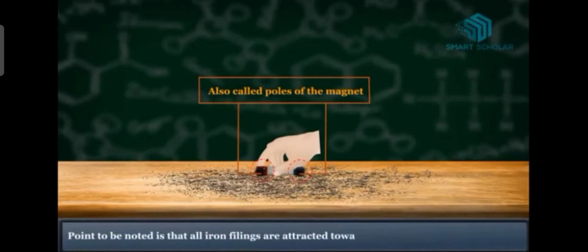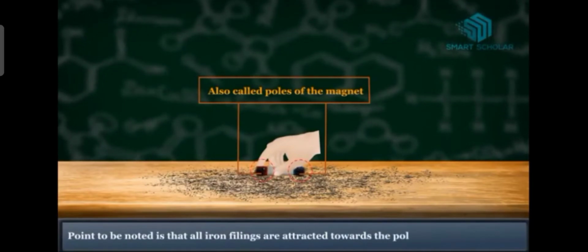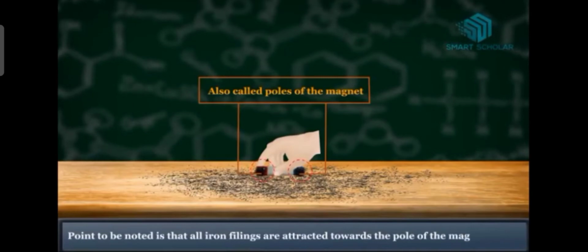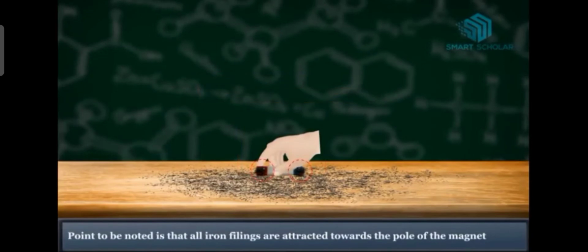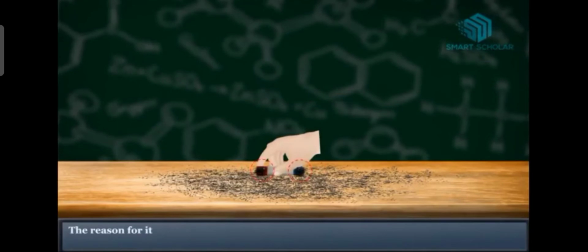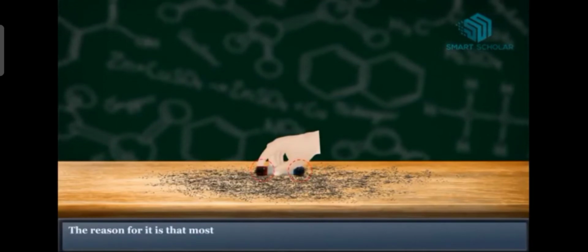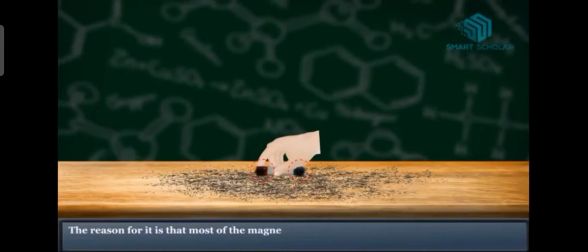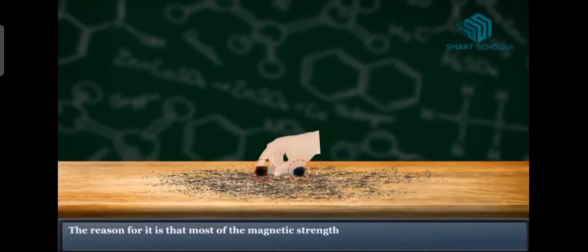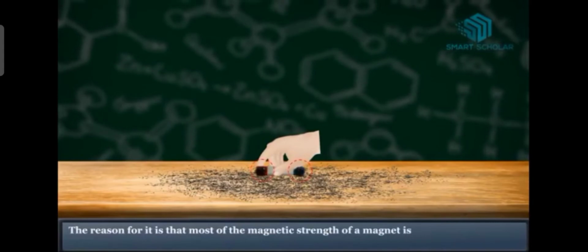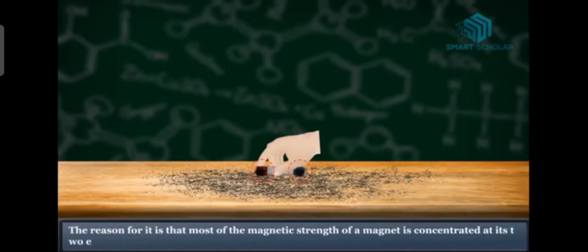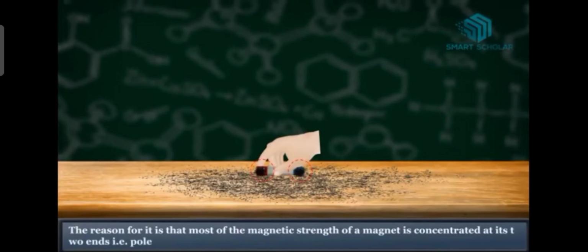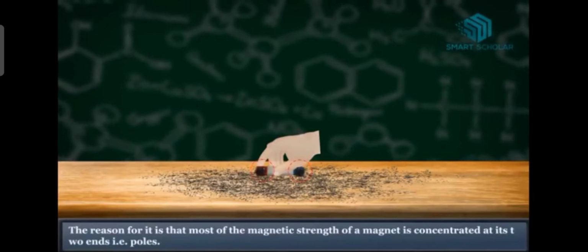Here we want to notice that more iron filings are attracted at the poles of the magnet. What does it imply? It means that there is more magnetic power or strength at the ends of the magnet, and so more iron filings are attracted at the ends of the magnet.